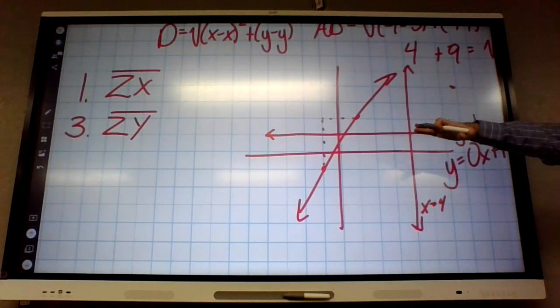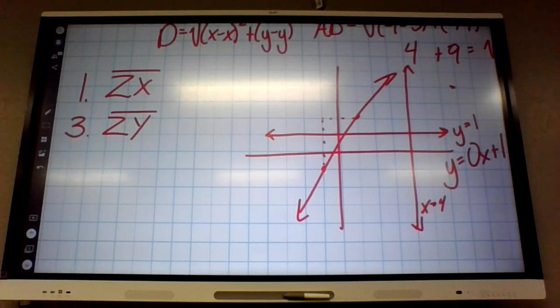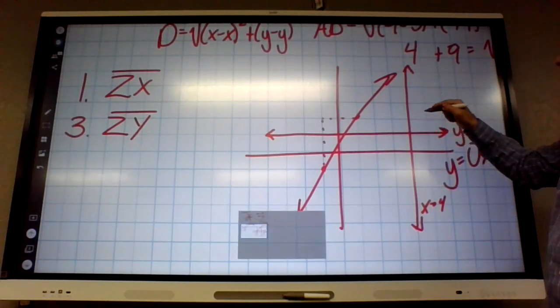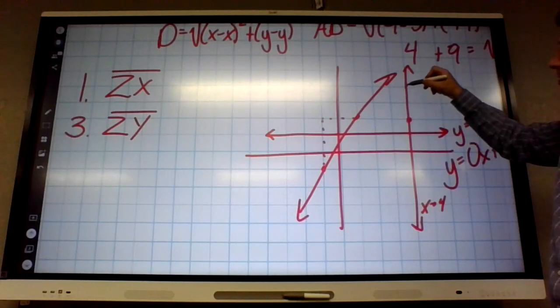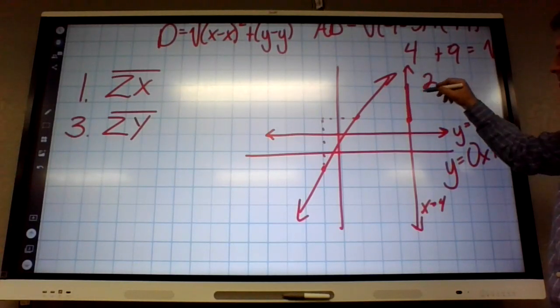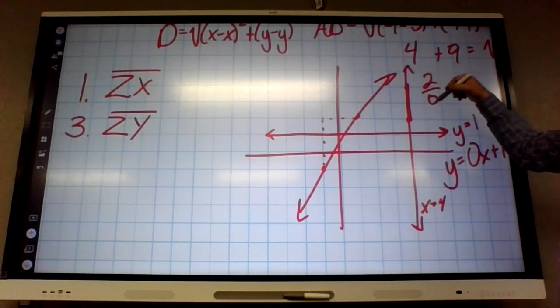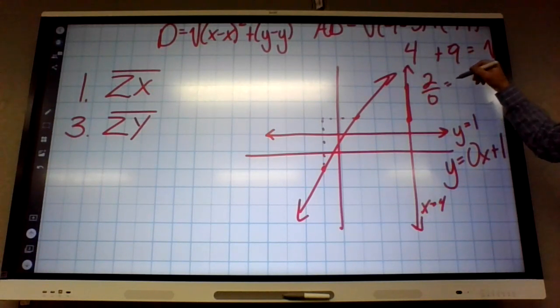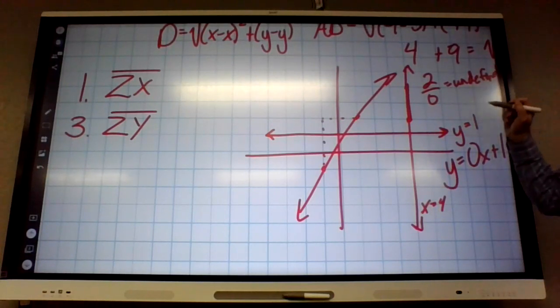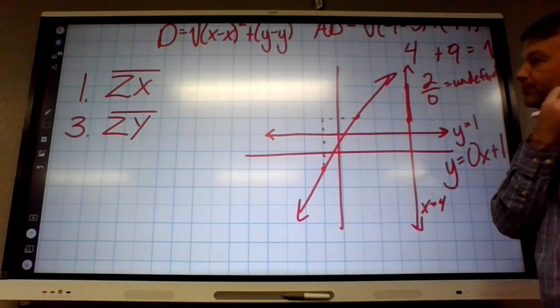Horizontal, we call the slope 0. If you pick 2 points on the line, what's the rise? 2. What's the run? 0. See, that's not possible. So this book calls it undefined. Some books call it no slope.